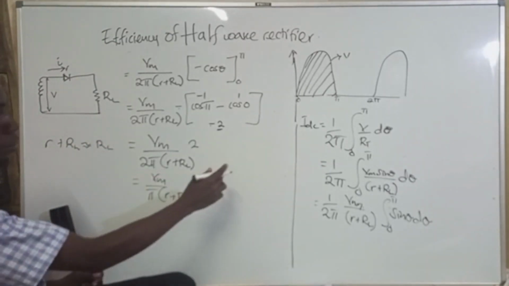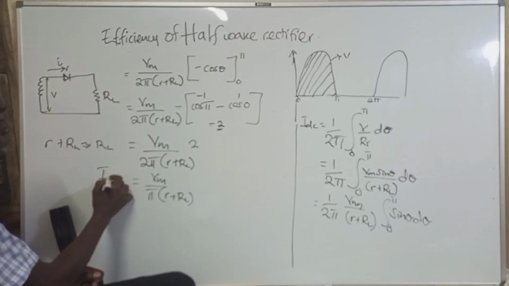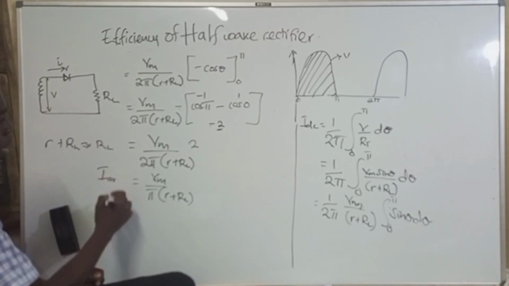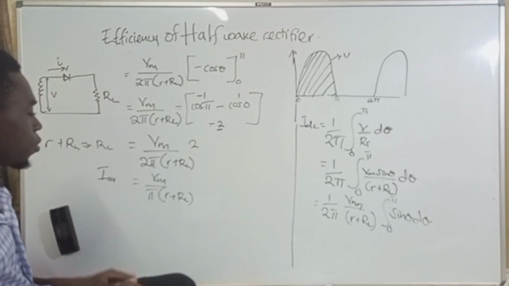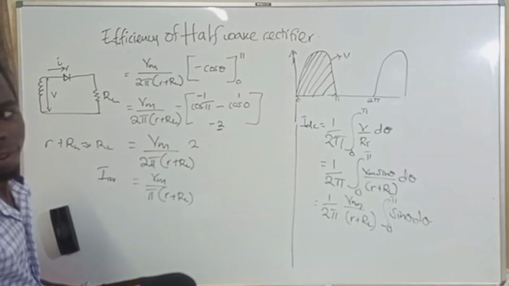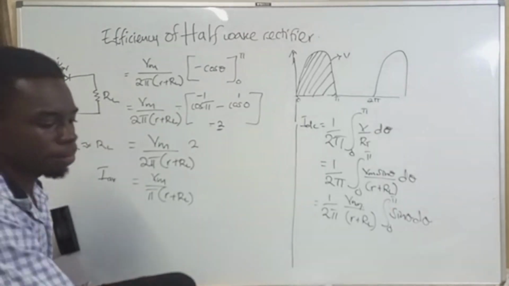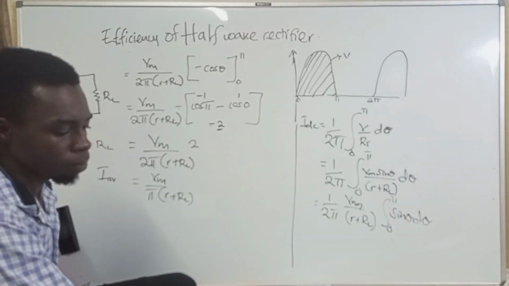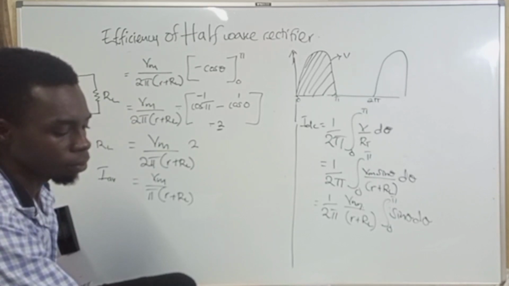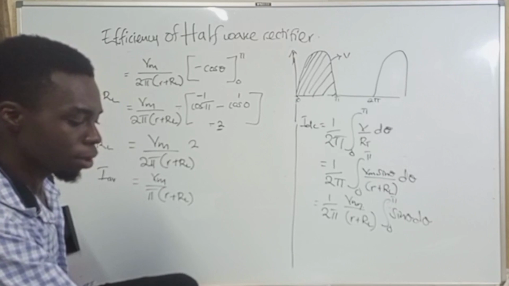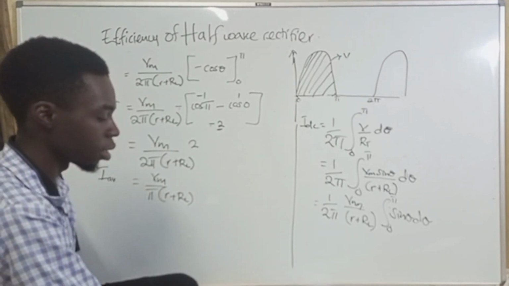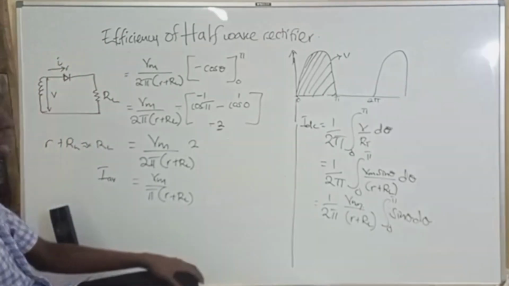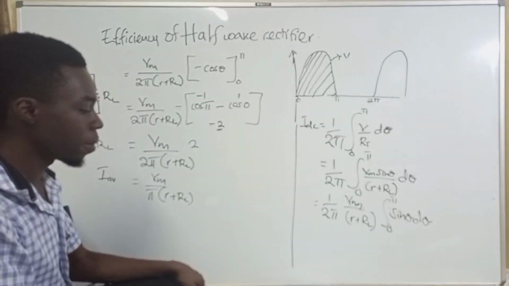But the value that we're calculating is the DC value of current, which is I average. So from that we have our average value of the current.